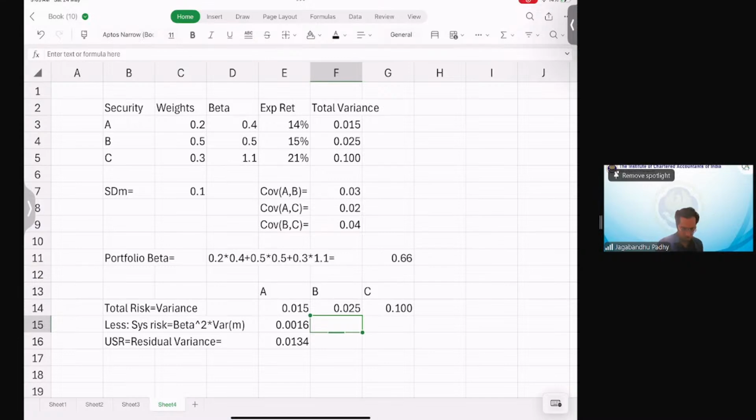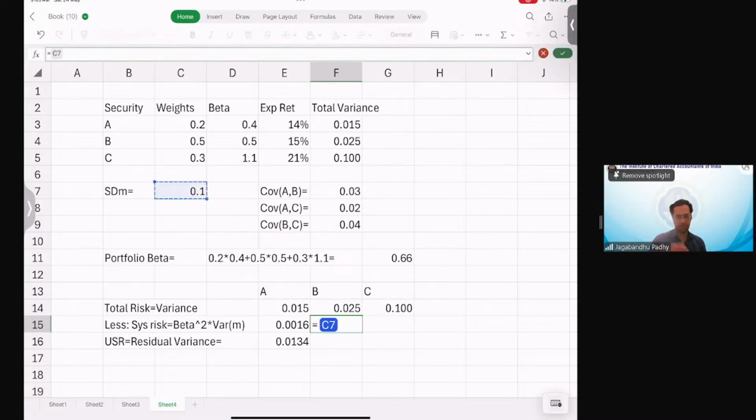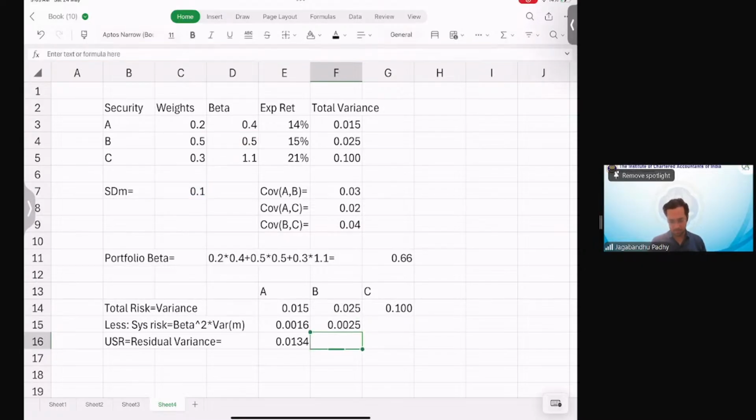Zero point 0025 for B. Standard deviation square multiplied by beta square. 0.0225.